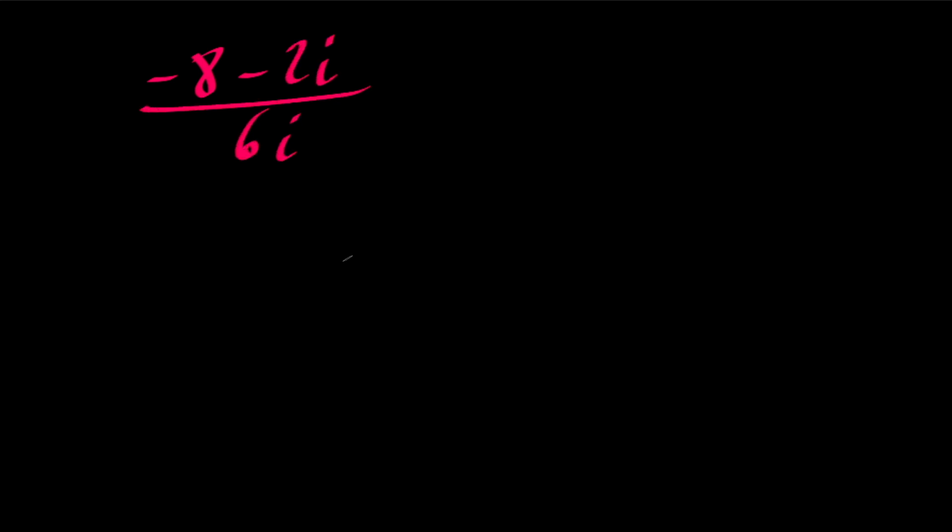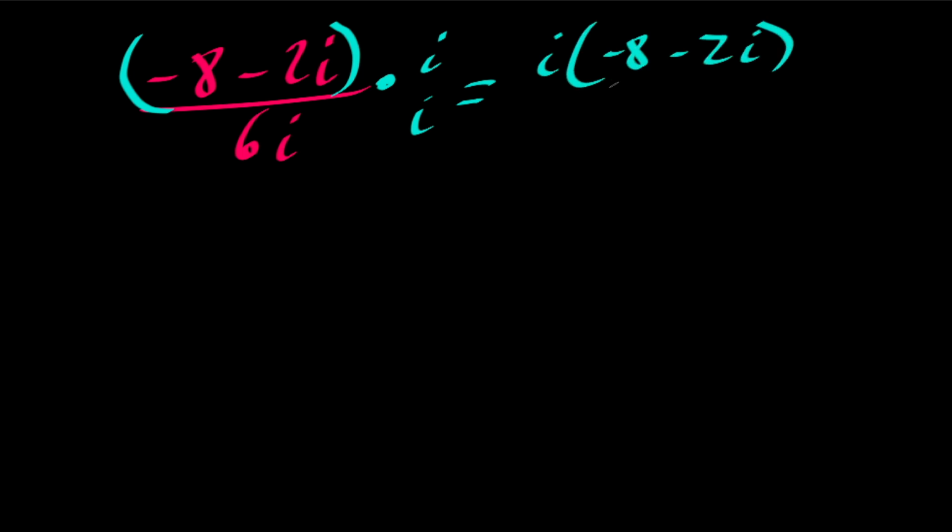Once again, you can see we're dividing and we have i on the bottom, but we only have one term on the bottom. So the easy fix is to just multiply by i on the top and the bottom. So that's going to give me i times negative 8 minus 2i all over 6i squared.